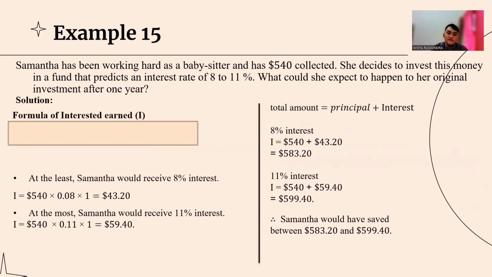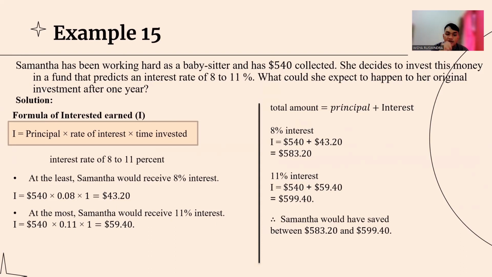Okay, solution: the formula of interest earned, we say I equals principal multiplied by rate of interest multiplied by time invested. Time invested in this question is in years. So the interest rate is 8 to 11%.